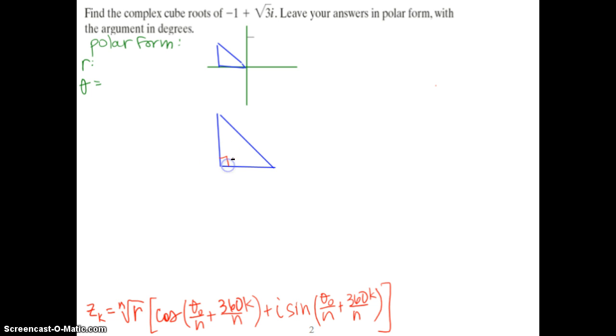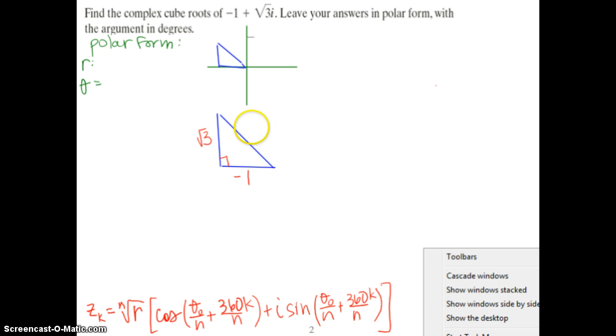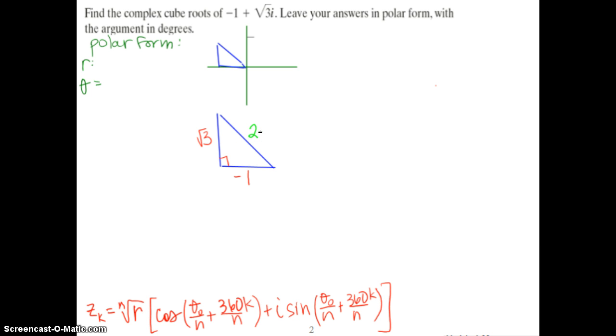We know that the x value, or the real value, is -1. We know the y value is root 3. So hopefully you can see now that this is going to be a 1, 2, square root 3 triangle. So our hypotenuse here is going to be 2. And then we can deduce here that this angle is going to be a 60-degree angle, and this is a 30-degree angle. Again, if you don't already know that, you can always find that using the Pythagorean theorem or using tangent inverse.